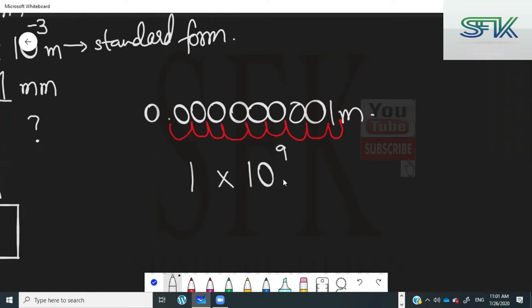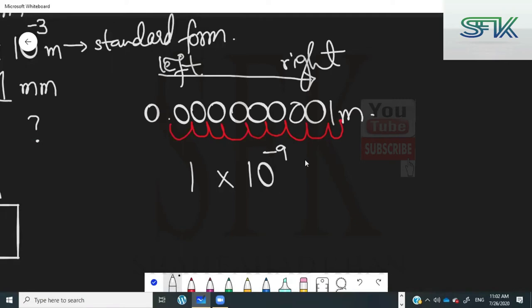It's going to be 10 raised to the power of 9. Now look at the direction. It's from left to right. Whenever you skip places from left to right, I told you to add a negative sign with the power. And this is going to be in meters. 10 raised to the power of minus 9 is represented by nano. So it becomes 1 nanometer.